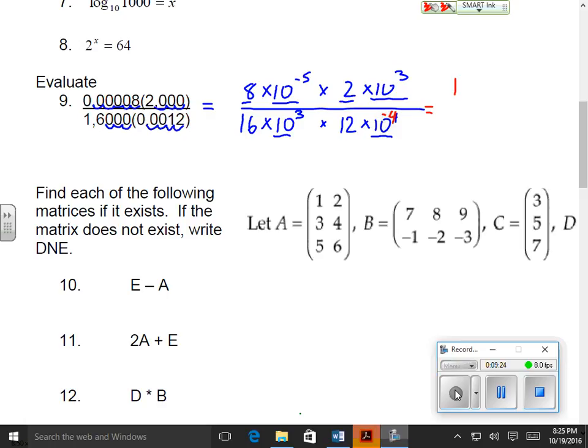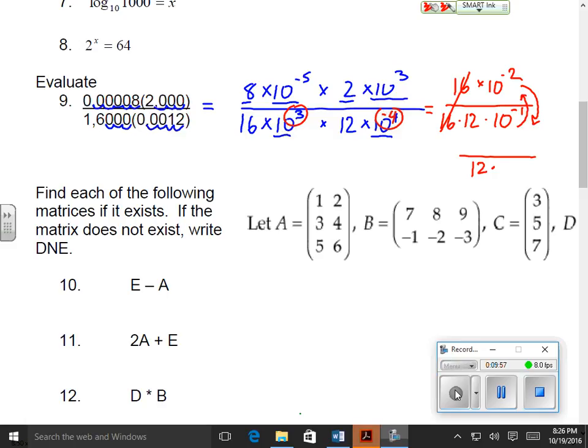So this is 16 times 10 to the negative 2nd over 16 times 12 times 10 to the, if we add negative 4 and 3, we get to the negative 1 power. If I want to make those positive, the 16's cancel, and I still have the 12 in the denominator. I'm going to take the 10 to the negative 2nd down to the bottom, 10 squared to the top.